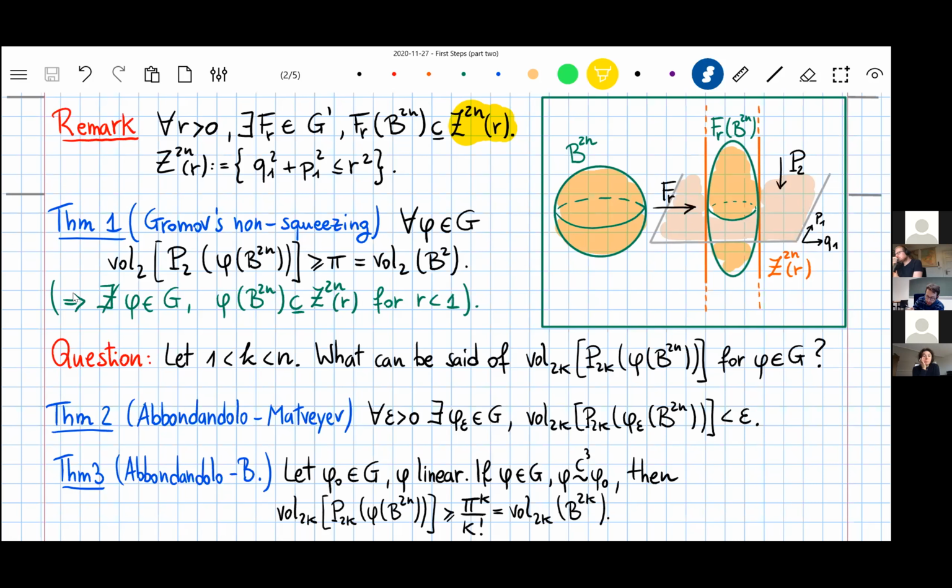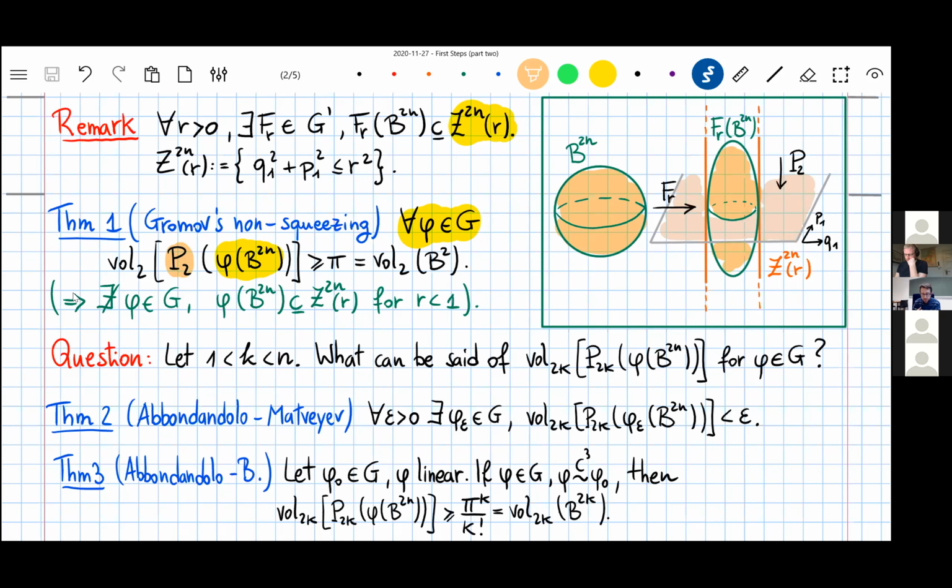If you take any symplectomorphism phi and look at the image of the ball, then the shadow it has on the plane q1, p1 will always have a big area. You cannot make this area small. It will always be bigger or equal than pi, which is exactly the area of the ball.